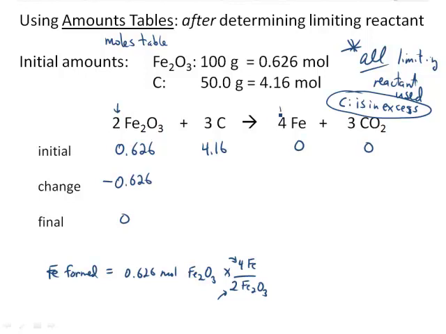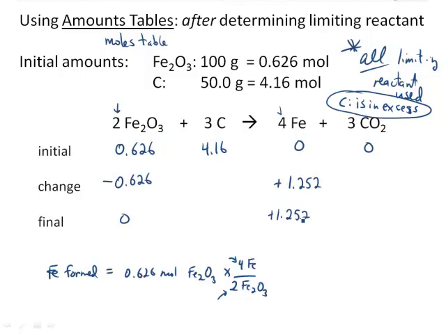And so that comes out to be 0.626 times 2. So the change that happens is 1.252 moles of iron, and therefore you start with 0 and you add 1.252, so you make 1.252 moles of iron when the reaction happens.